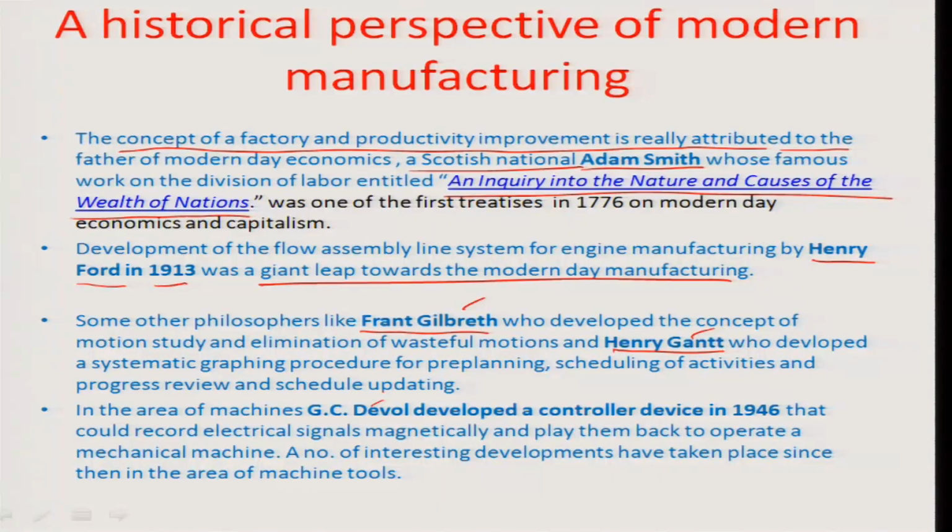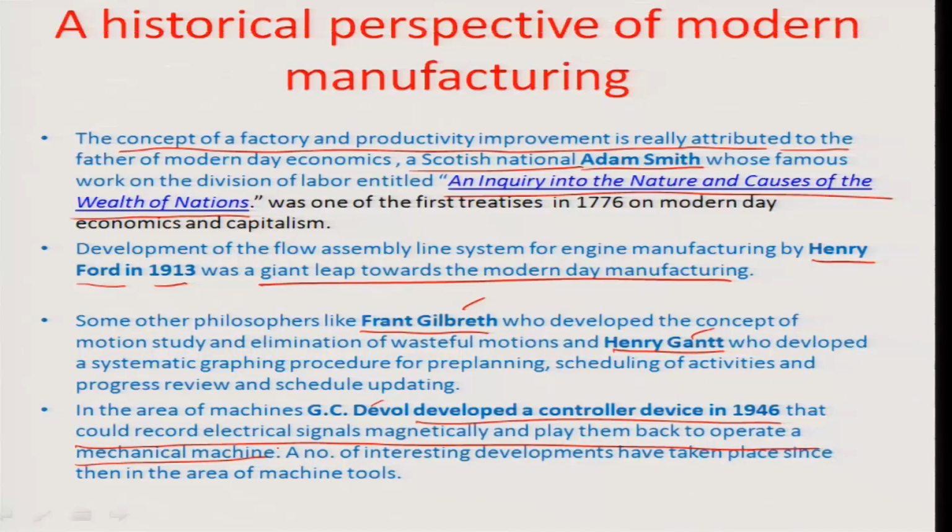And then obviously the breakthrough by G.C. Duvall can be taken as again a very important historical step towards modern day manufacturing. He developed a controller device in the year 1946 that could record electrical signals magnetically and play them back to operate a mechanical machine.